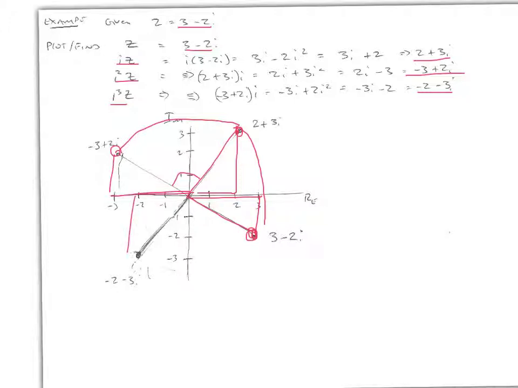So we can see that from the original position of plotting z on the Argand diagram and multiplying it by i, i squared, and i cubed, its position has rotated anti-clockwise through 90, 180, 270 degrees.